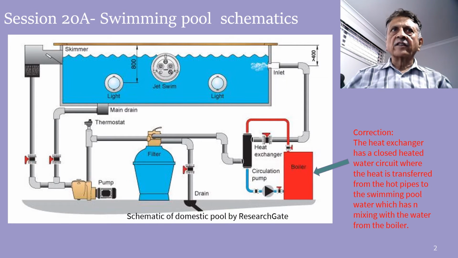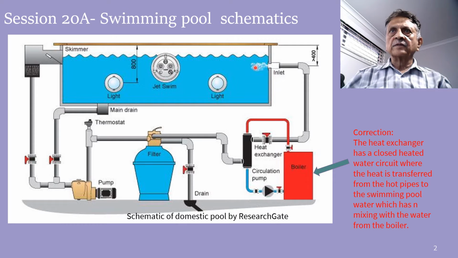This diagram represents a small domestic heated pool. This is similar to most of the domestic pools, which consists of the pool itself, which is a tank, and it has got at least one inlet.